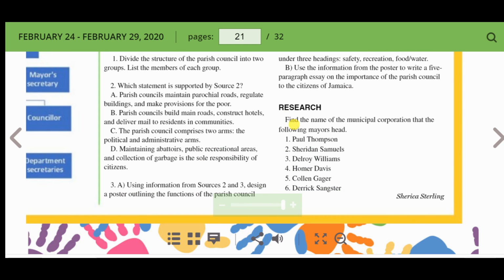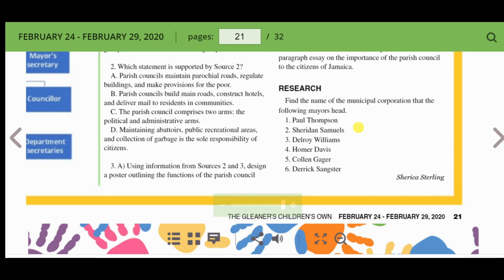Finally, research. Find the name of the municipal corporation that the following mayors head: Paul Thompson, Sherdian Samuels, Delroy Williams, Homer Davis, Colin Gager, Derek Sangster.